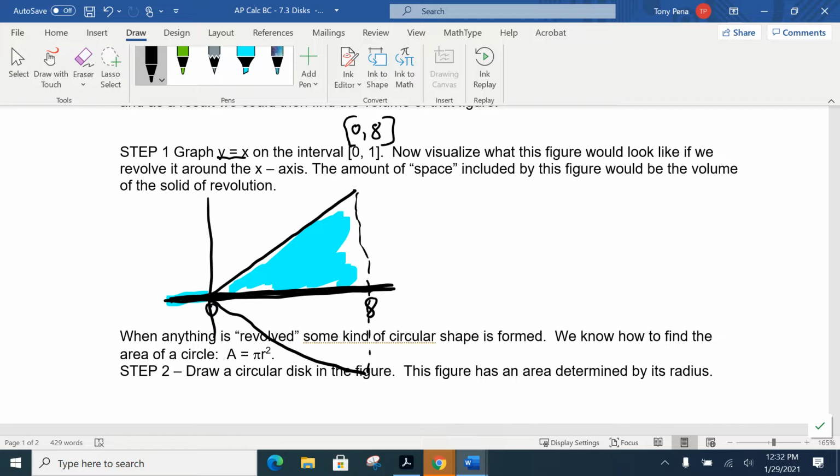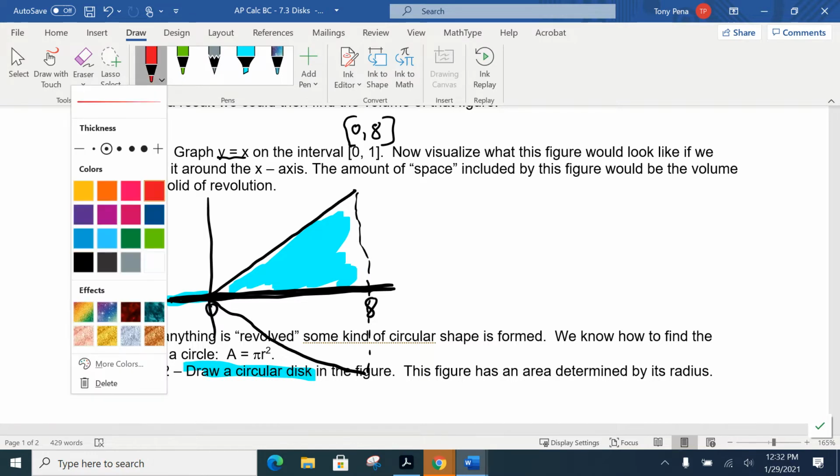All right. So what this is saying now, when anything is revolved, some kind of a circular shape is formed, we know how to find the area of a circle. So what I want you to do next is to draw a circular disc in the figure. Actually, what I want you to do next, this all revolves around the idea, when we first started all these areas, that we have these rectangles in here.